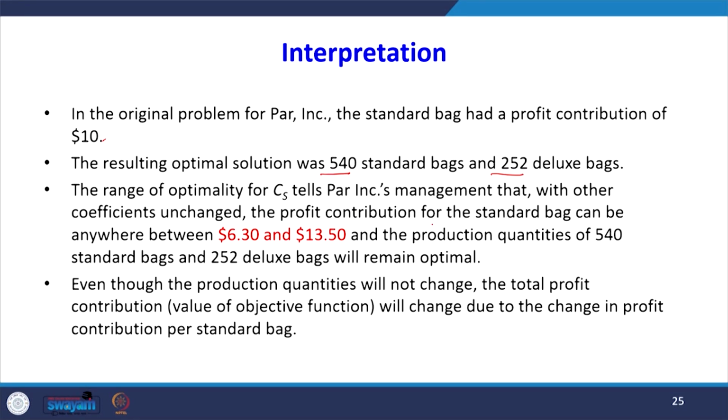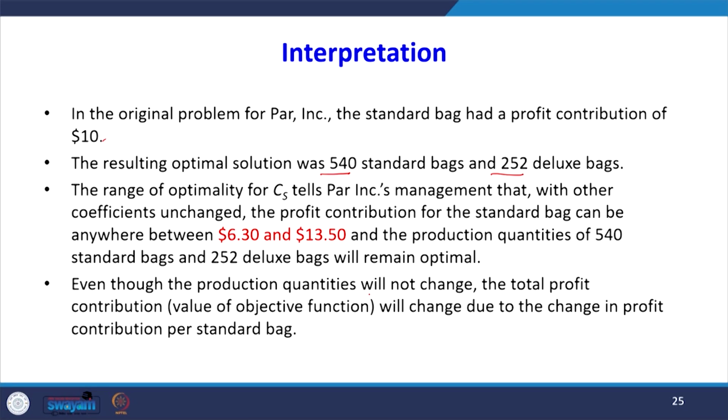The profit contribution for the standard bag can be anywhere between $6.3 and $13.5, and the production quantities of 540 standard bags and 252 deluxe bags will remain optimal. That is the interpretation of the slope which I have written in the previous slide.